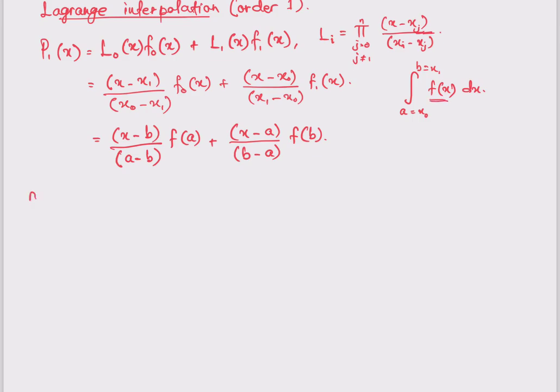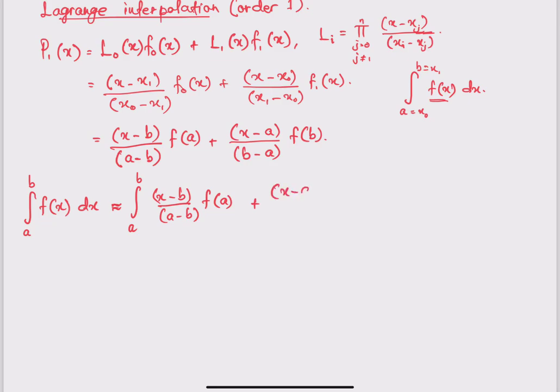So the integration from a to b of f(x) dx is also approximately the integral from a to b of your P1(x), and your P1(x) is (x minus b) divided by (a minus b) multiplied by f(a), plus (x minus a) divided by (b minus a) times f(b), then all of these integrated with respect to x. And now you can evaluate.